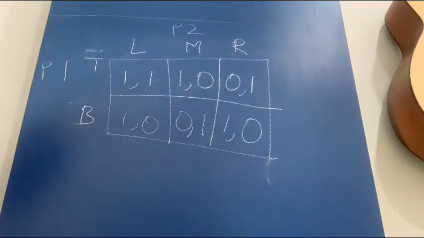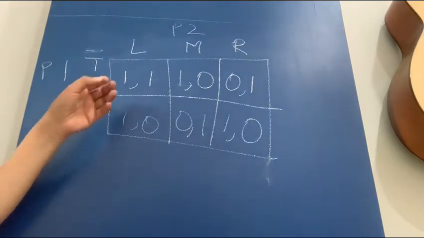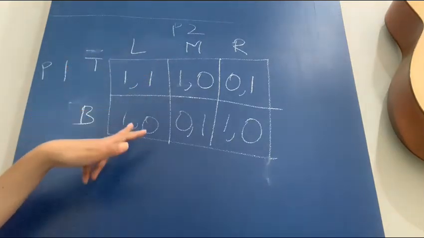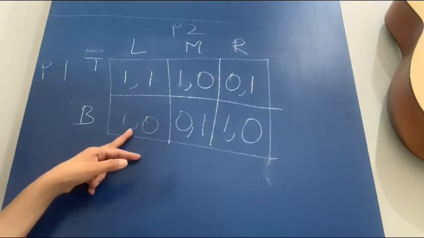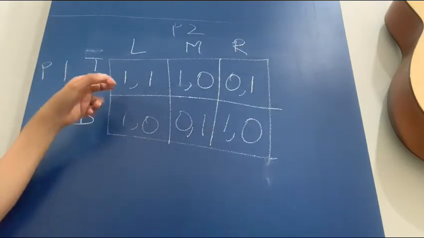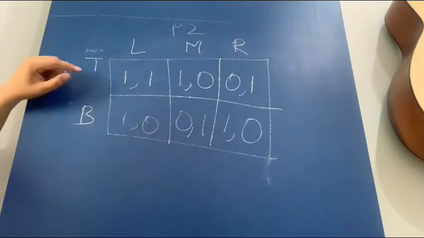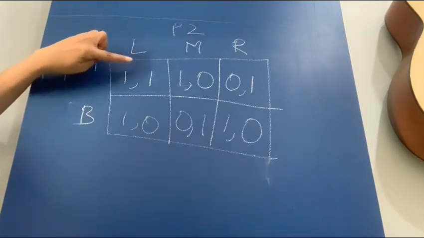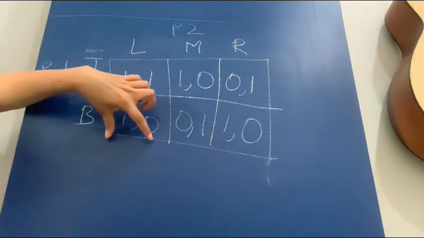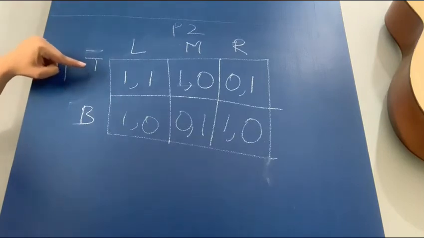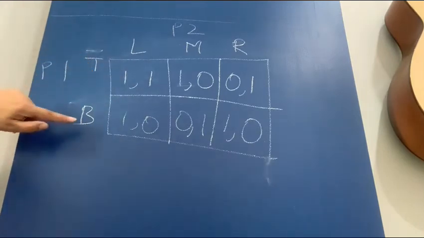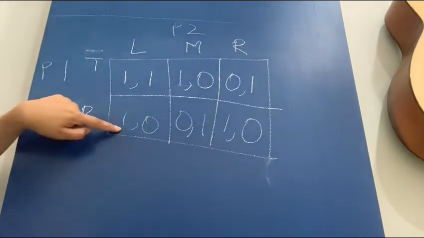So we'll again mark the Nash equilibrium here. Going for player 1 first, if player 2 is choosing L, the best actions for player 1 are T and B both. If you look carefully, if player 2 has chosen L, then we are in the first column here. If player 1 plays T, the payoff will be 1. If player 1 plays B, the payoff is again the same.